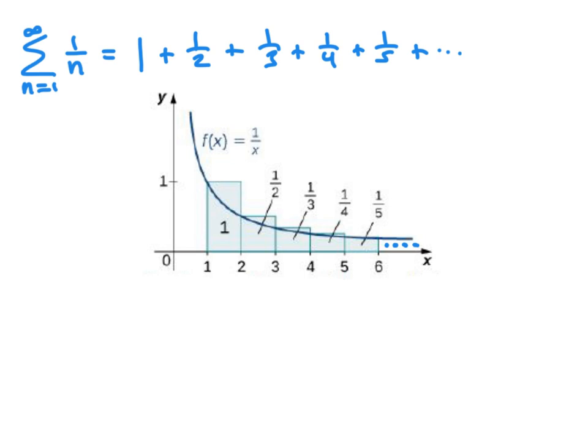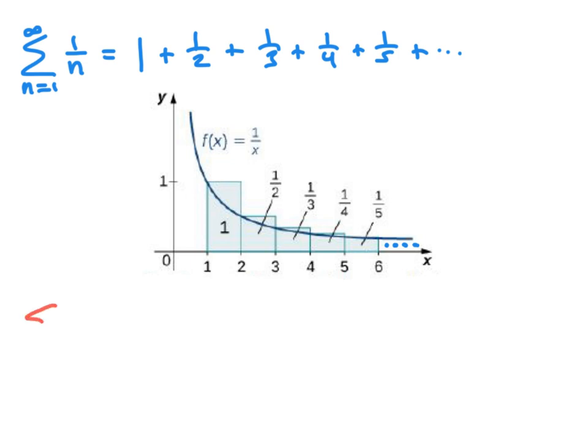We notice that these are the first 5 terms of our series 1 over n. If we continue to build rectangles indefinitely going in the positive x direction, the area of each subsequent rectangle will be the next summand in our series.